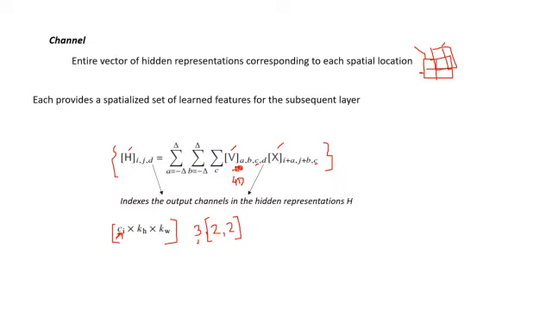So if this was X, we would have said there are X 2 cross 2 matrices on top of each other. So suppose this is one 2 cross 2, this is another 2 cross 2 matrix, and this is another 2 cross 2 matrix. Now, the values contained in these matrices will definitely be different from each other, because we are trying to learn useful features from your image.